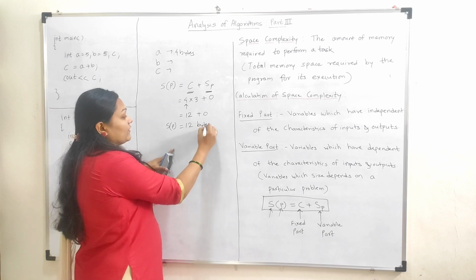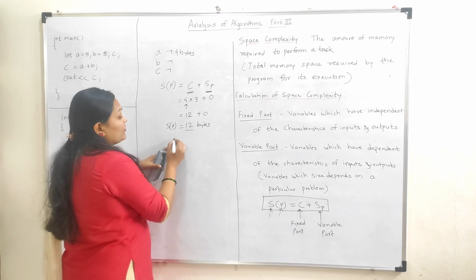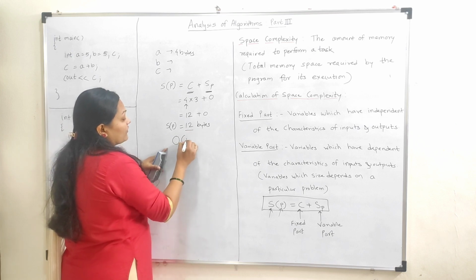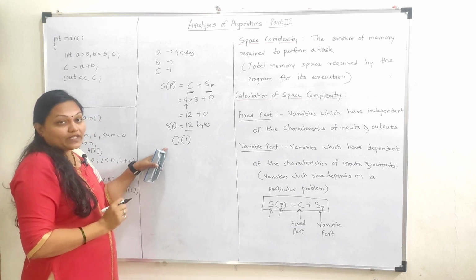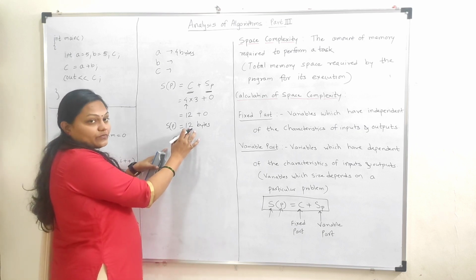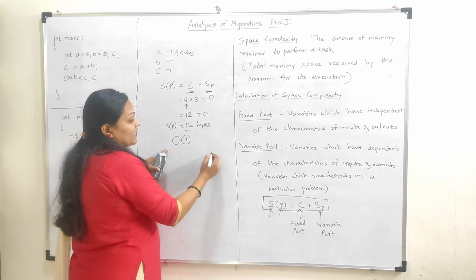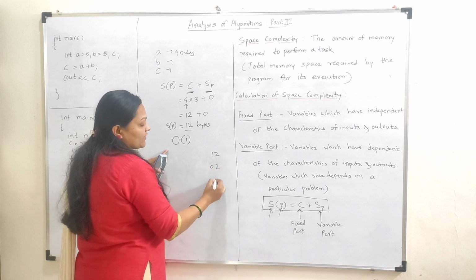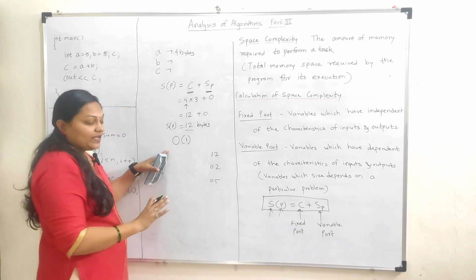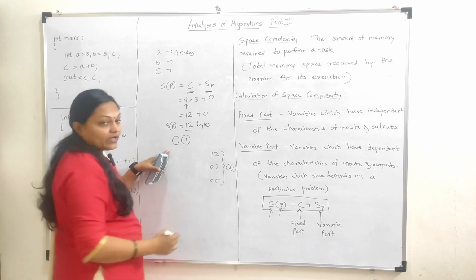bytes. So how can we represent the space complexity? We can use big O of 1 for representation of this space complexity, because this is constant. At the time of time complexity, we have seen that when time complexity is constant, any constant, 0, 5, 12, any constant, in that case your time complexity is big O of 1.